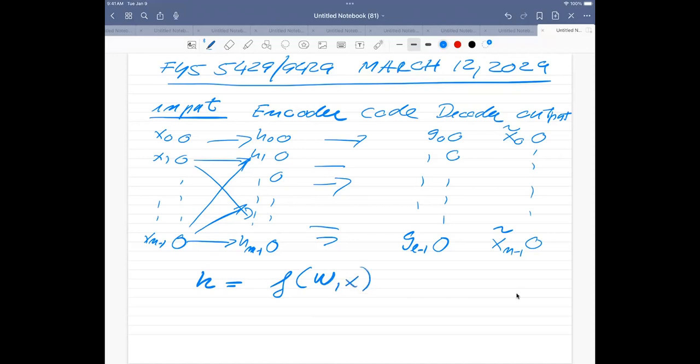And then there is an input like this. Then what we have next is a part here where we have the decoder part. And that decoder is given by this function g. And this g depends on v. And it has as input this h. And this is then resulting in our x tilde here.